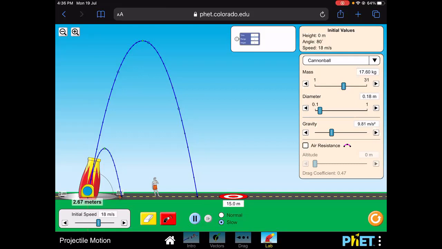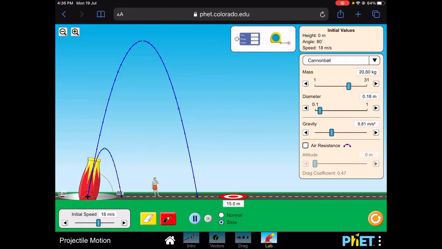Are you able to understand this point? Sir, does this depend upon the mass of the object? No. In real life, yes, it might, but theoretically, no. If you want, you can change and see. How much is the mass taken? 17.60, no?